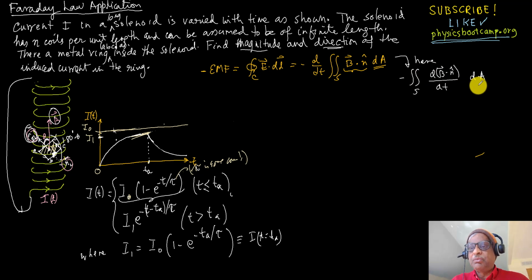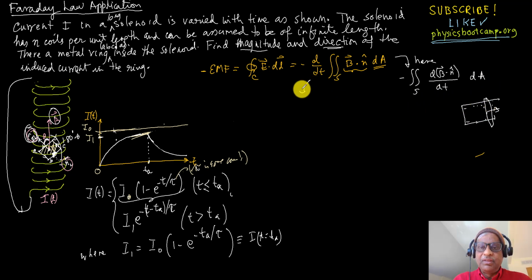Only in some problems the dA changes, like when we have a railgun problem, then this area itself is getting bigger and bigger. That's the kind of problem where you can't do this. In that kind of problem, we look at the limit, and there are other videos that illustrate that.